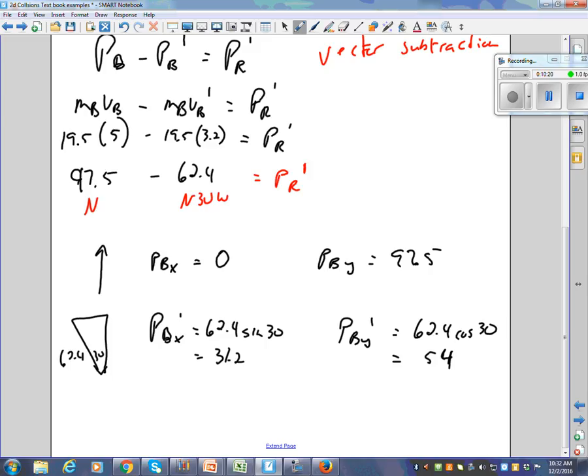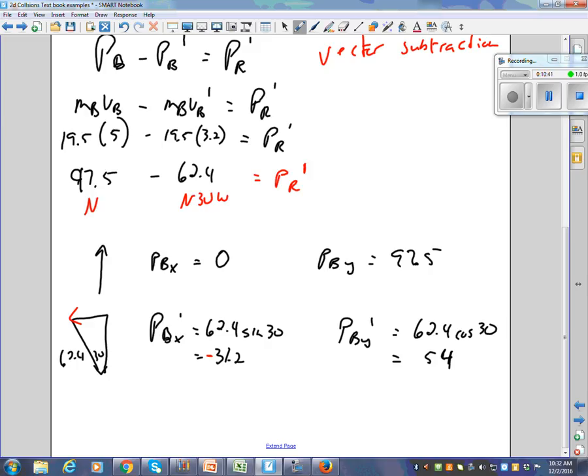Anyone see any issues up to there? I've purposely made a mistake. X should be negative. Why is the X negative? Because it's going to the left. Exactly. Okay? But I knew that it was a simple one we could solve. I put that in there.